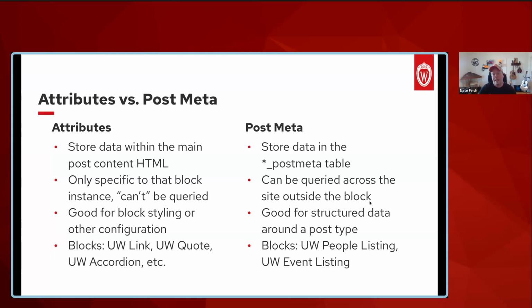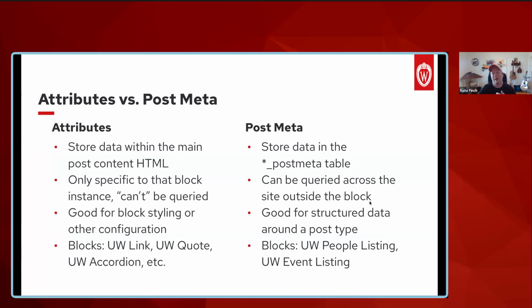If you need to have stuff that can be queried across different blocks or outside of the block, then you're going to want to use post meta. And so that stuff traditionally, just like advanced custom fields, is stored in the post meta table. And again, like I said, that can be queried across blocks. So this is really good for structured data around a post type.